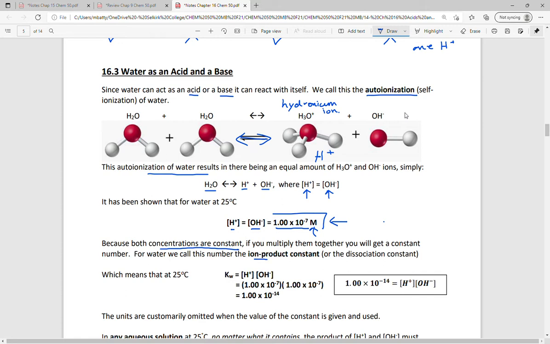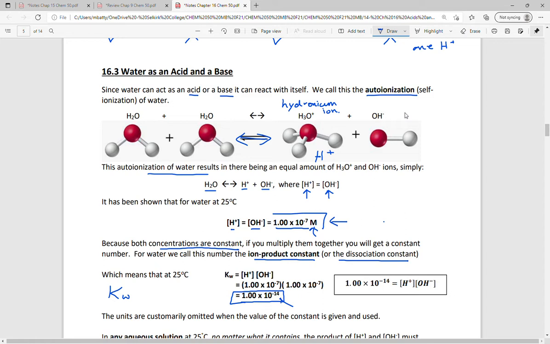We call this the ion product constant or the dissociation constant, or lovingly the Kw, the constant of water, because constant totally starts with a K. And so the Kw could be defined mathematically as the ion product, or the multiplication of those two concentrations by each other, or numerically as this value of 1.00 times 10 to the negative 14.